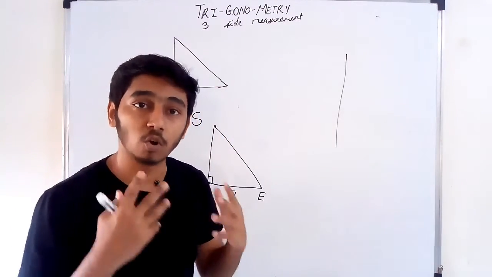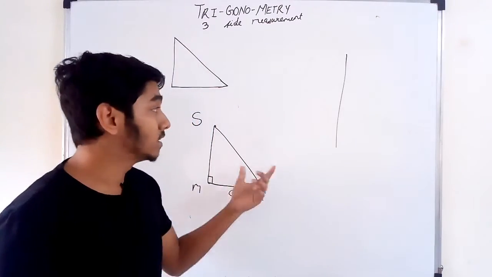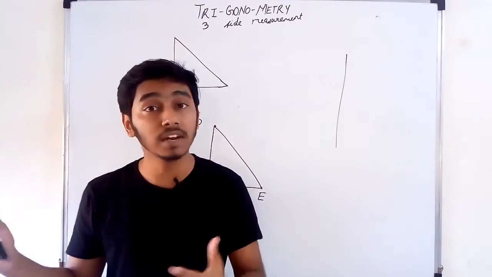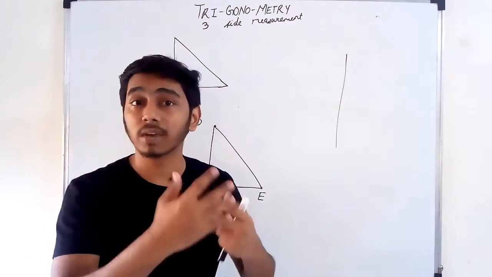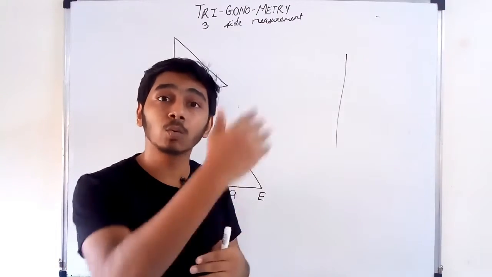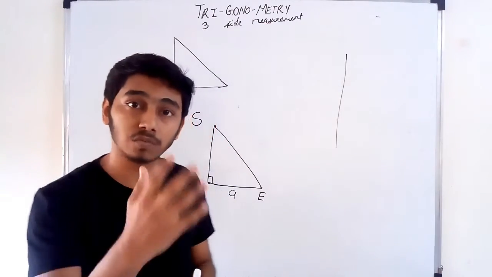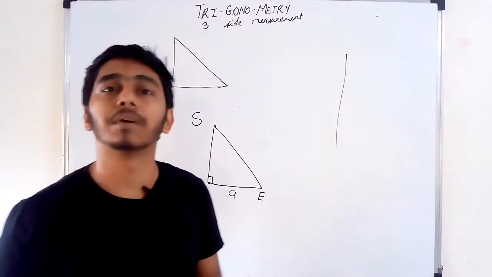I hope you have understood the importance of trigonometry, and how it is useful in day-to-day life to calculate the height of a building, or the distance from one point to another point, without measuring, of course. That is done using trigonometry.